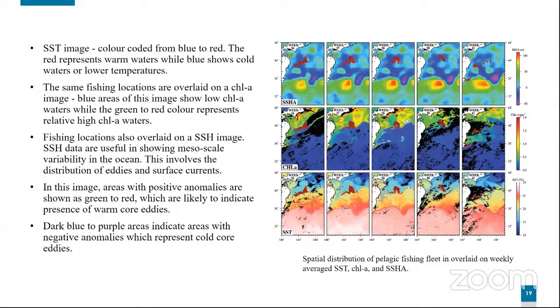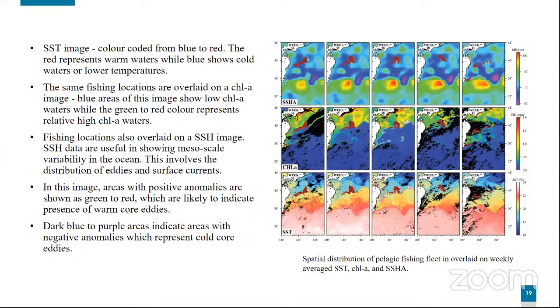So dark blue to purple areas indicate areas with negative anomaly, which represent cool core eddies. So kita nampak fishing location tu dia overlay dengan SSH, dia berada di kawasan yang berwarna biru ke purple. Okay, which represent cool core eddies.